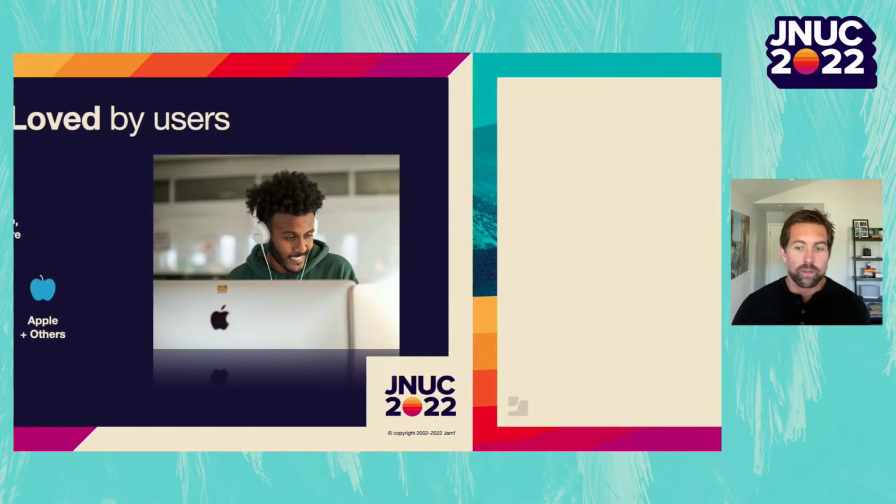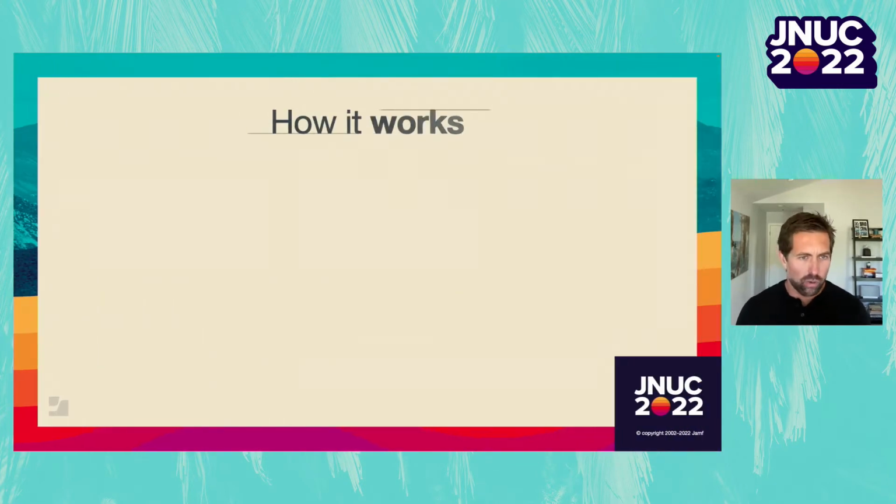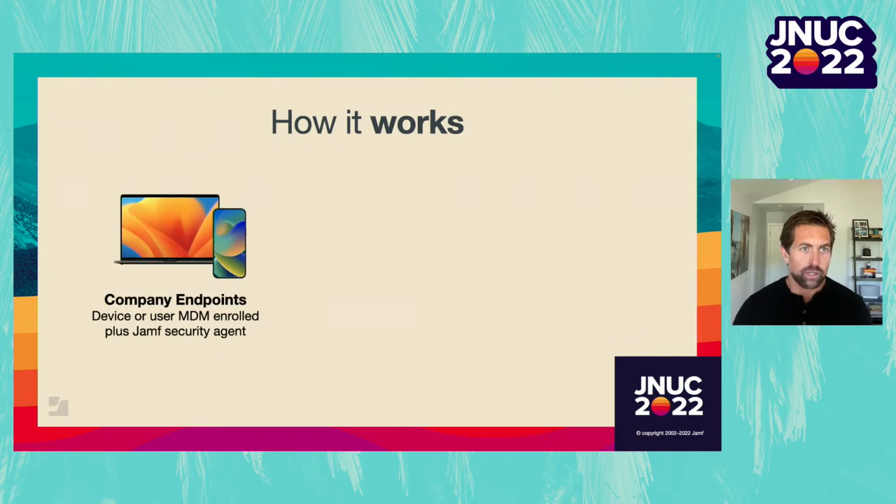All right, so now with that covered, let's go a little bit deeper and see how it all works. From a high level, first of all, we have company endpoints. These again are your devices that become sanctioned one way or the other, whether it's device-wide managed or user enrolled, you have management of some form. And as part of that process, Jamf security tooling is deployed as well.